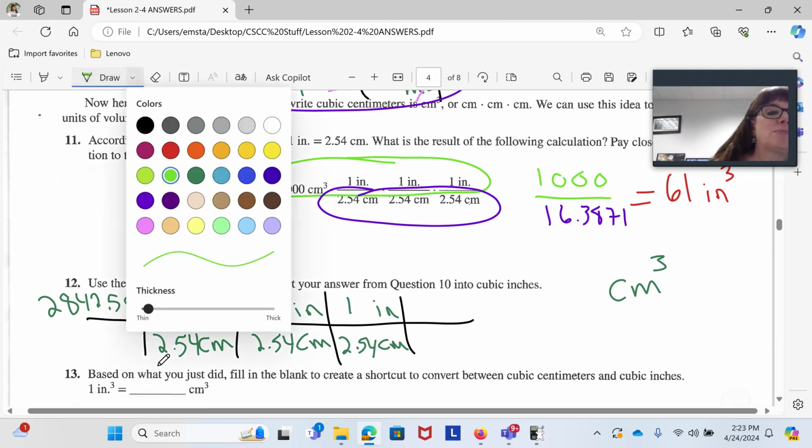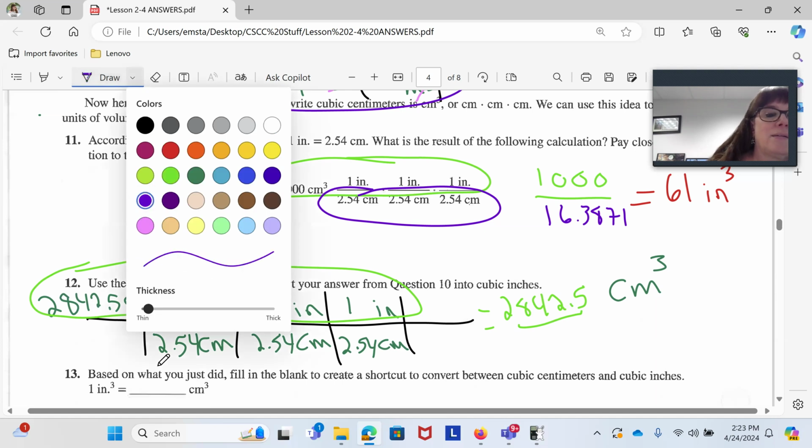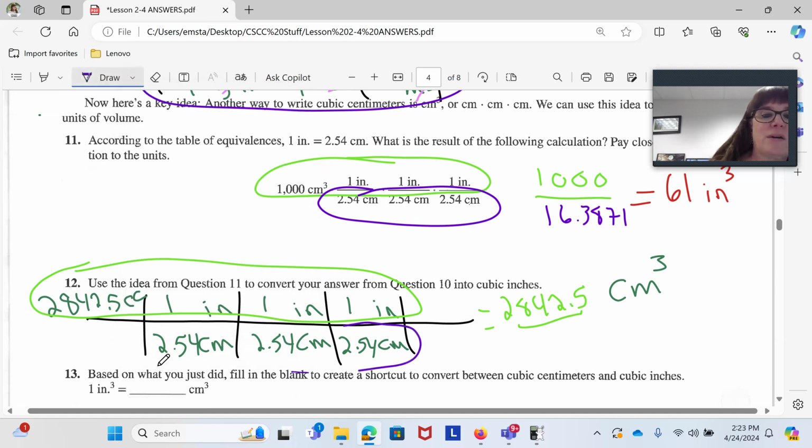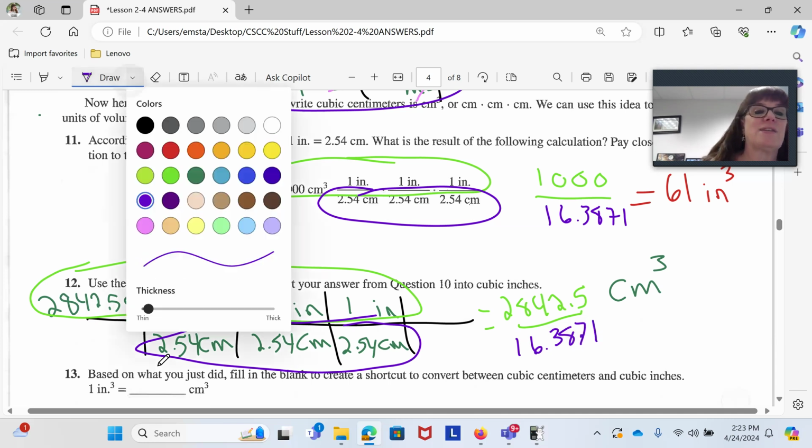And now I'm going to multiply everything on top. That one's kind of nice because there's a bunch of ones. So I'm going to have 2,842.5 divided by, multiply everything from the bottom, which I can use. I did that already in the problem above. We did 2.54 times 2.54 times 2.54 and got 16.3871. And now finally I need to divide those out.